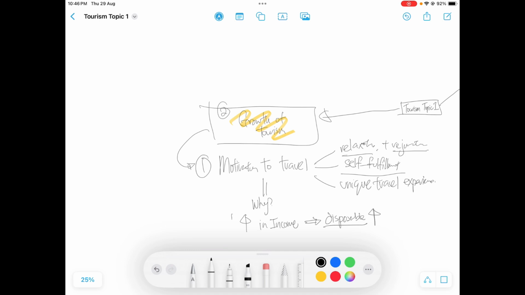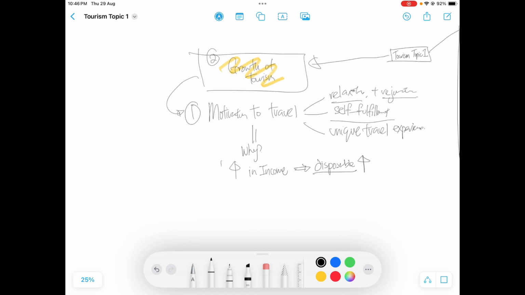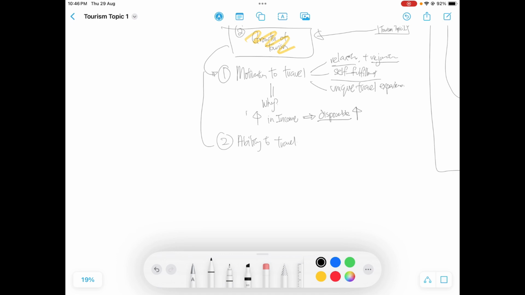Next, we can also talk about the ability to travel. And this is actually under this ability to travel. Okay, disposable income. There is an increase in leisure time as well.